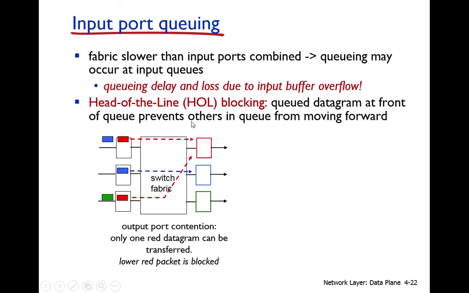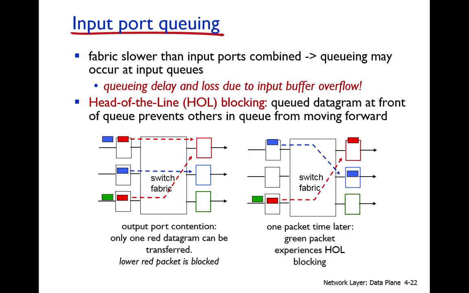Now you can see that this problem, head of line blocking, usually occurs in the input port, not in the output port.